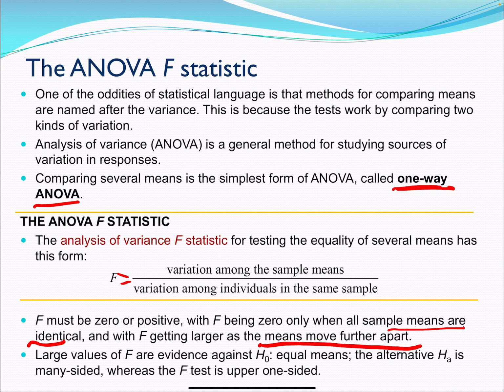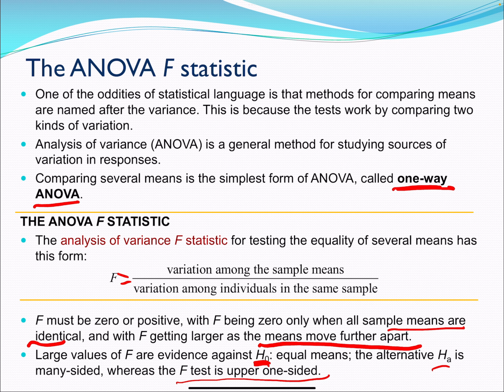Large values of F are evidence against our null hypothesis, which is that all the means are equal, and our alternative hypothesis is many-sided, so there's at least one difference. But our F test is upper one-sided. It's only positive. It's greater than 0 or greater.